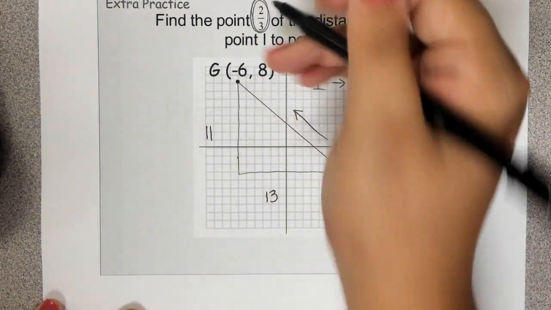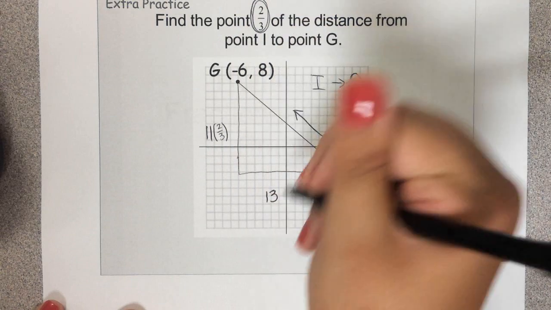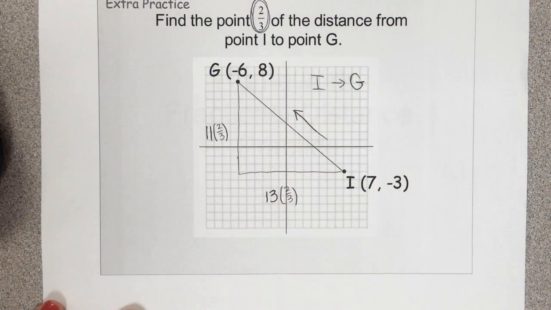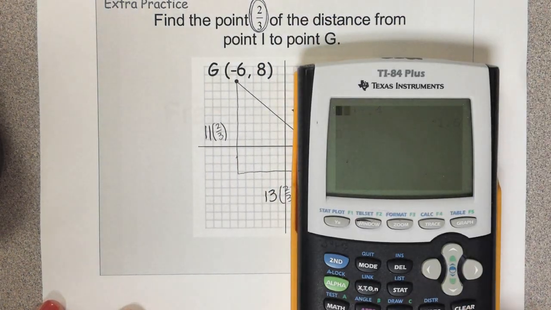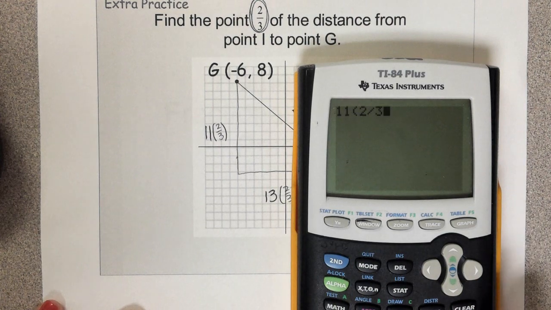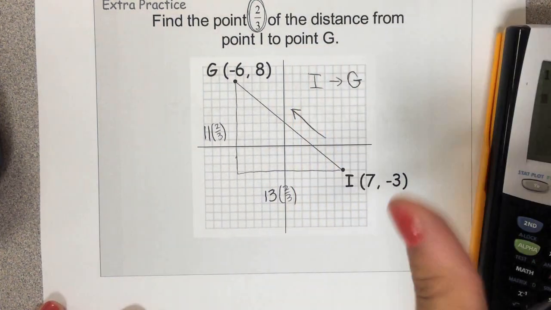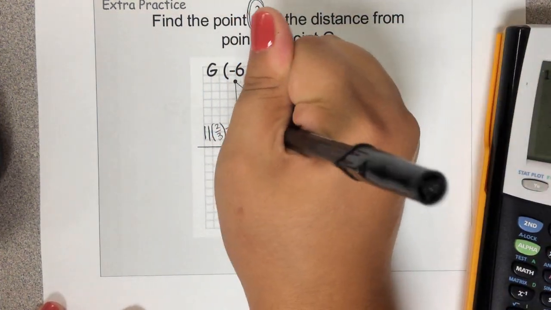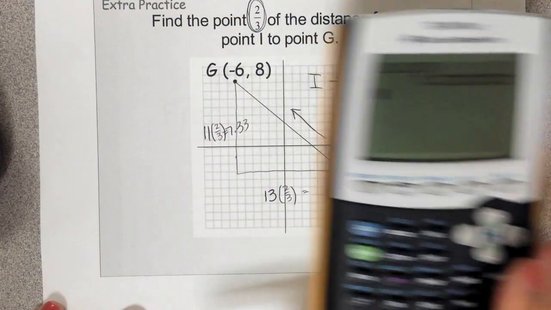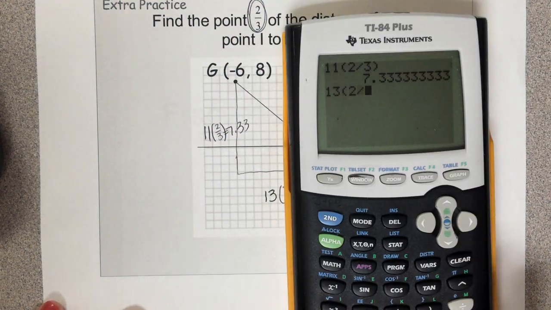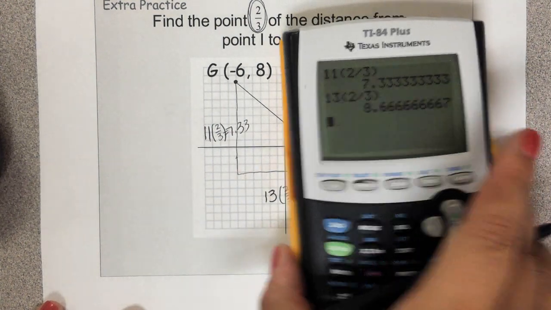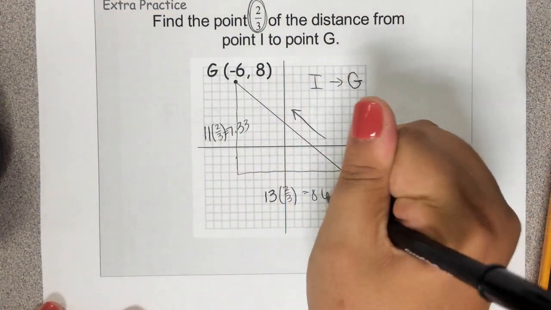Okay? And it's 2/3, so I'm going to multiply by 2/3. And when I do that, 11 times 2/3 is 7.33. And 13 times 2/3 is 8.67.